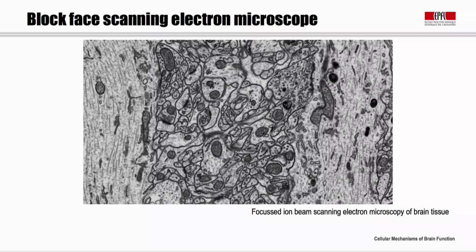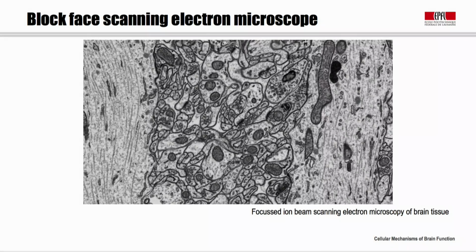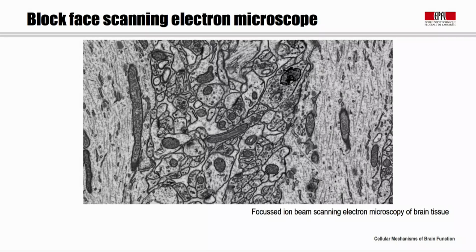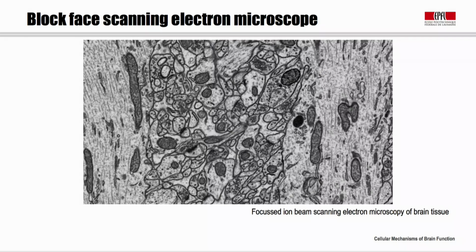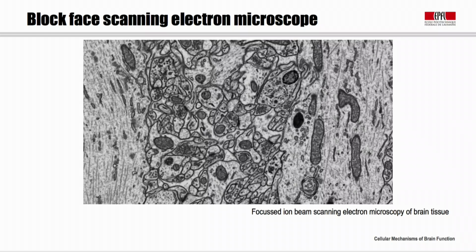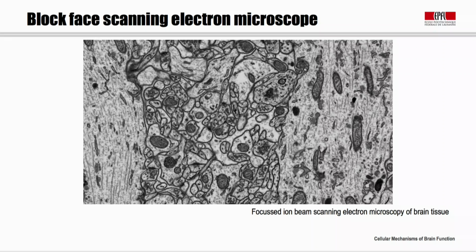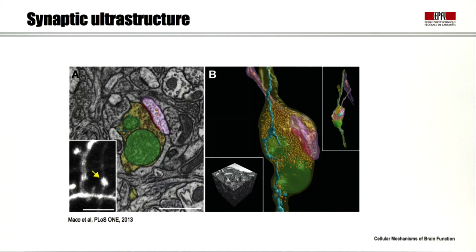So by collecting this quality of images with these isotropic voxels, we have the opportunity to image large structures at an optimal resolution from which we're able to gather very detailed 3D information. This gives us the opportunity to rebuild structures like synapses in very high resolution in 3D.